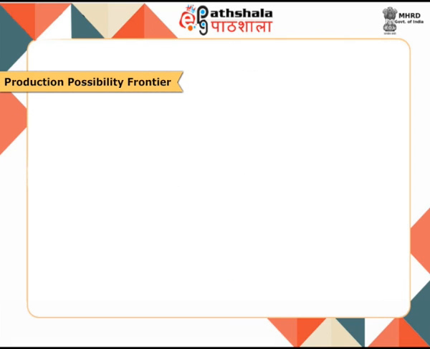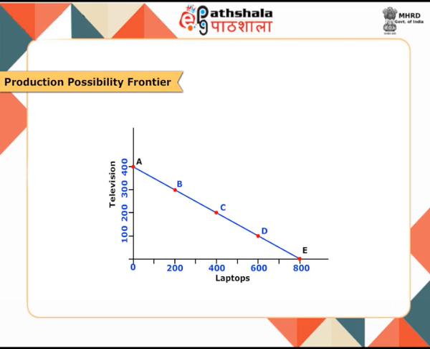Given our assumptions that the economy has limited resources, a production possibility point X showing the production of 300 units of televisions and 600 units of laptops is impossible to achieve. Any point above the curve is not viable as the economy lacks resources.